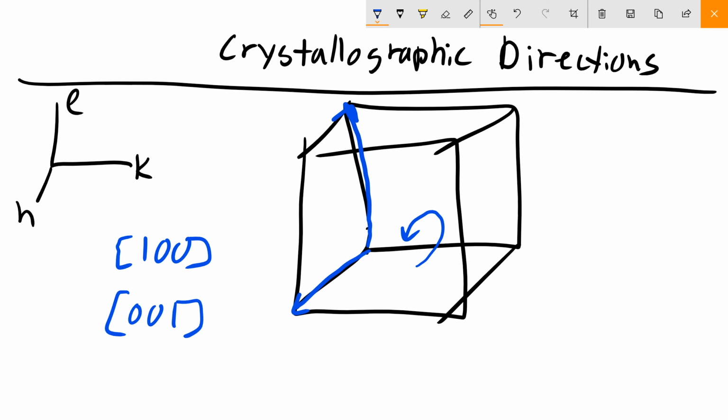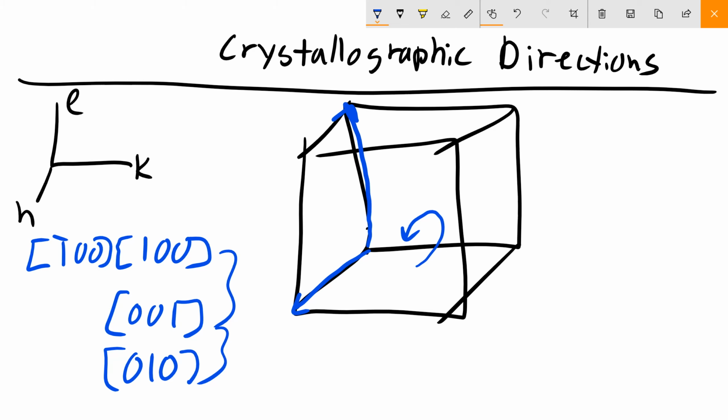If I blindfolded you and rotated that crystal, you wouldn't know the difference between this direction and this direction. Similarly, you could do different rotations and you couldn't tell the distinction between that direction and this direction. And you could do the same thing for the negative values as well. Sorry for getting a little messy here. Let me do that: [010].